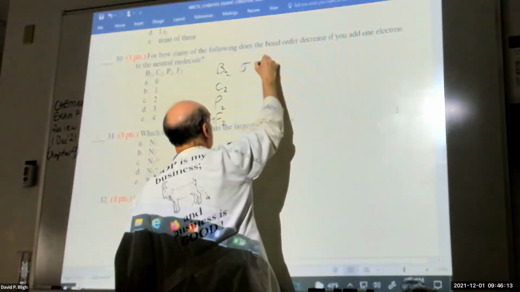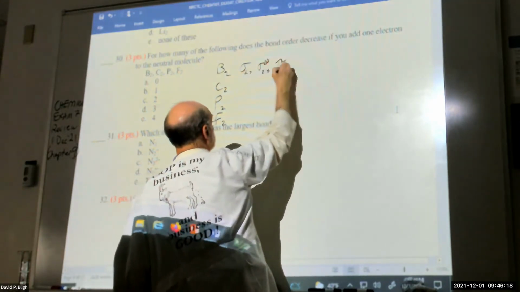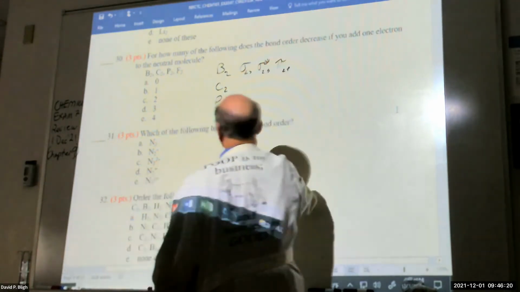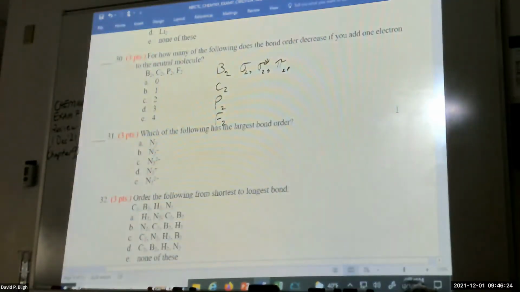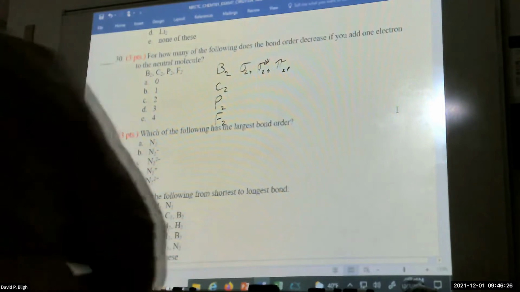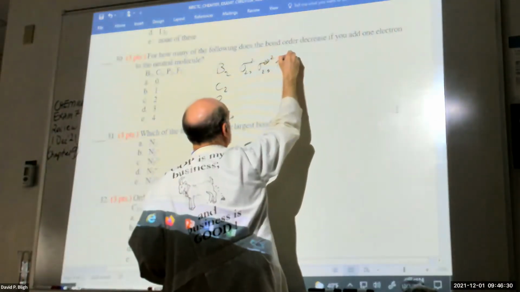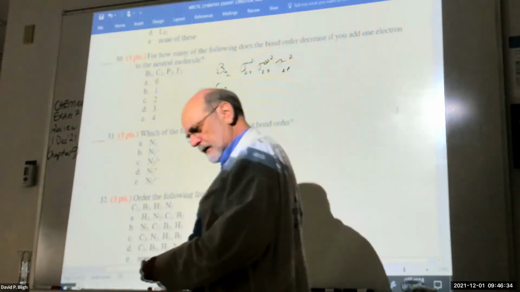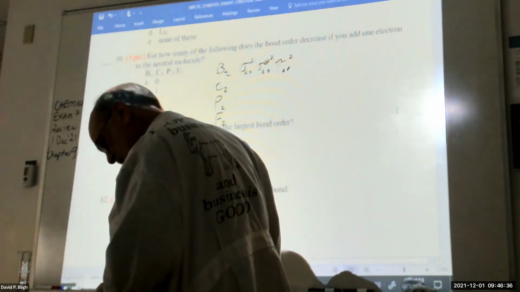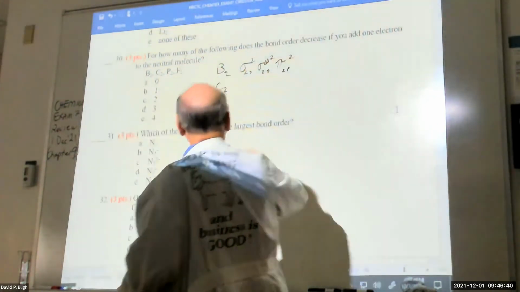This is 2s, 2s, 2p. And the boron would have 3, 6. 2, 4, 6. Okay, let's do these first. Carbon then would be similar.